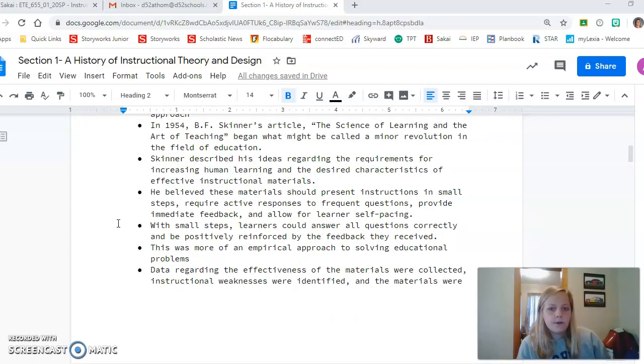He believed these materials should present instruction in smaller steps, require active responses to questions, provide immediate feedback, and allow the learner to self-pace. With smaller steps, learners could answer all questions correctly and be positively reinforced by the feedback they received. So this was more of an empirical approach to solving educational problems.